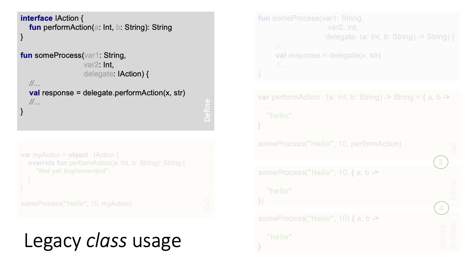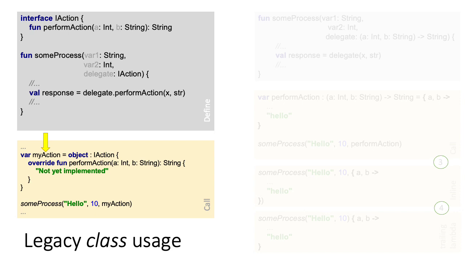Let's consider the following example. An API call to some process will require a delegate object which it will call under certain conditions. The consumer of the API will implement the delegate object and pass the object to the API call.